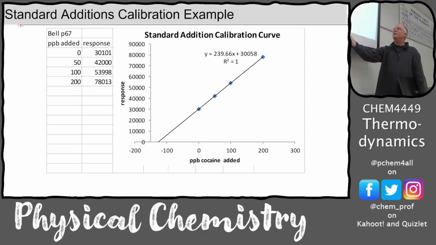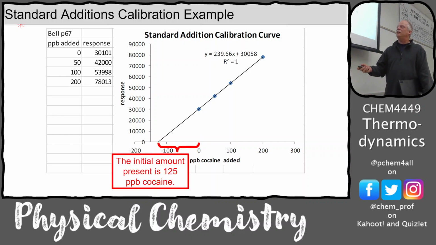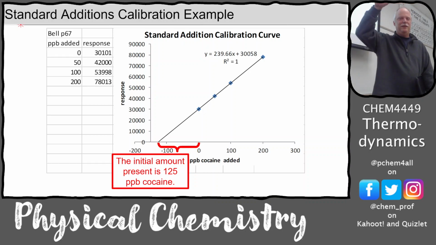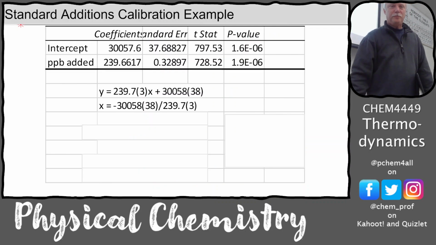We do the x-intercept. Where it hits the x-axis, that's how much cocaine was originally there. So this initial amount was present in the blood sample, and the opposite sign of that x-intercept is going to be the amount that was in the blood. But it just looks weird. It's like, wait, my calibration curve is way, way high.